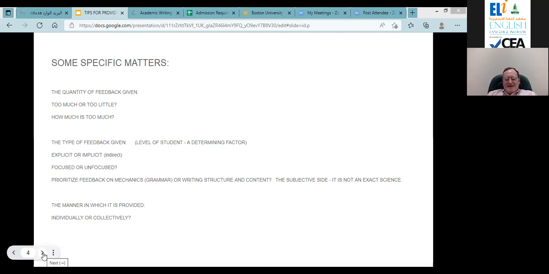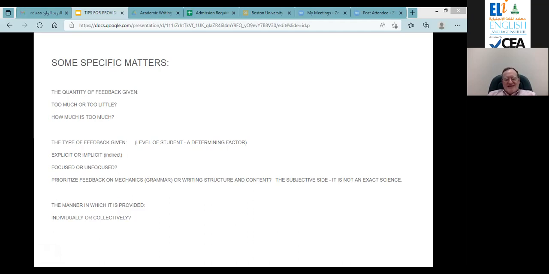Personally, as the level increases, I tend to focus more on the structure and less on the mechanics. Again, it depends. What is the purpose? What is the priority?